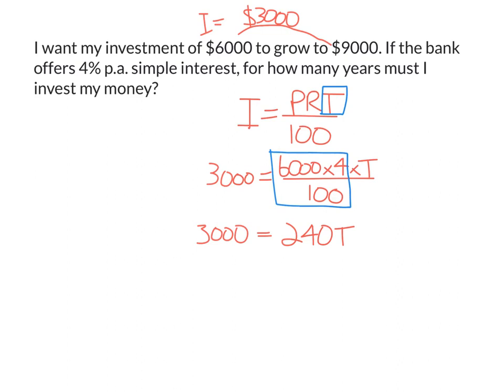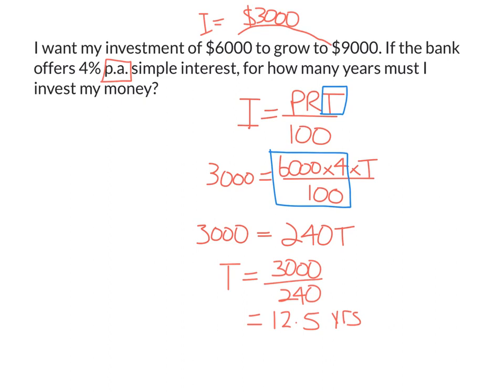I undo timesing by 240 by dividing each side by 240. So T will just be 3,000 divided by 240. If I put this on my calculator, I get T equals 12.5. Because the interest rate was per annum, per year, that means T is in years. It's 12.5 years, or 12 years and 6 months.